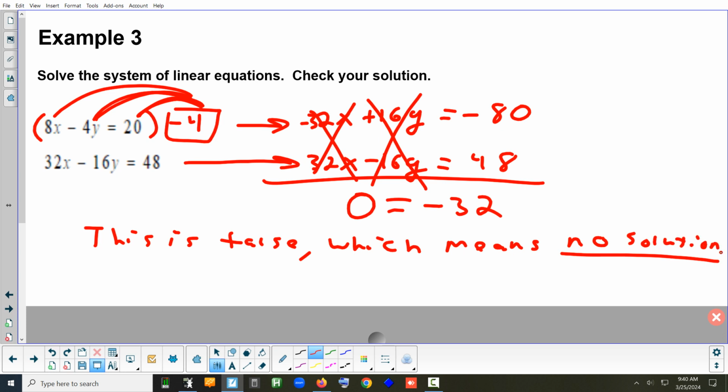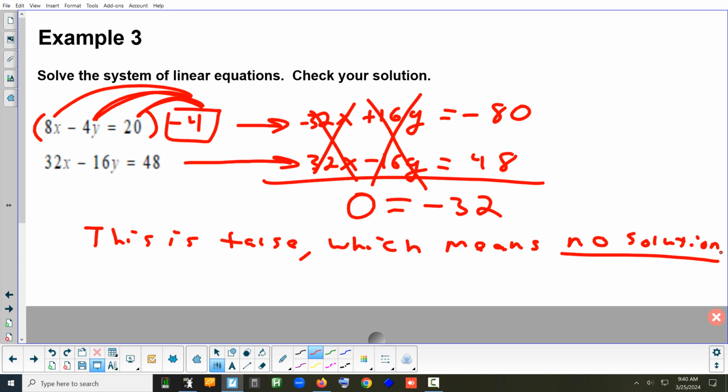We're not going to do this, but if I were to draw these two lines, how do you think they would look? If we know that this problem has no solution, we had a false statement. If I tried to graph these, what would they look like? They would be parallel.